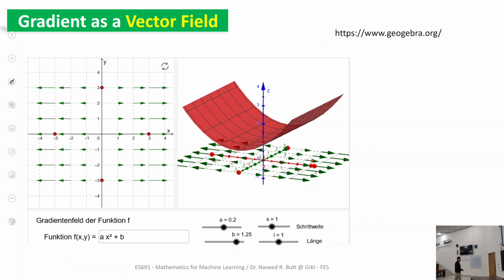Here I give you some example. This is a nice website, interactive. You can make your own functions and study their vector fields. So I tried a toy example where I fixed y, so the function does not depend on y basically. Yeah, if you plot it now in 3D, then y does not play a role in that.